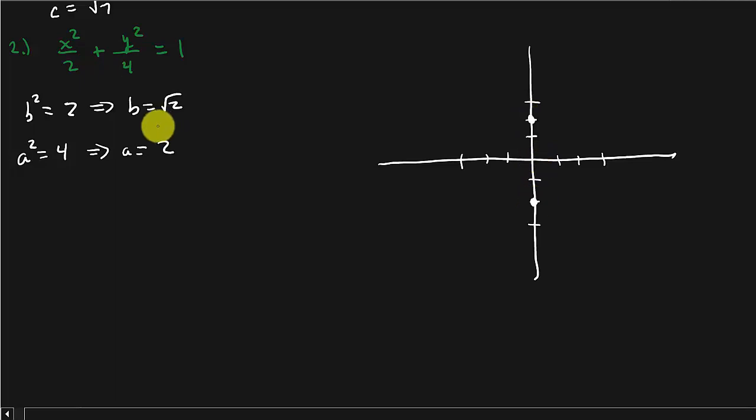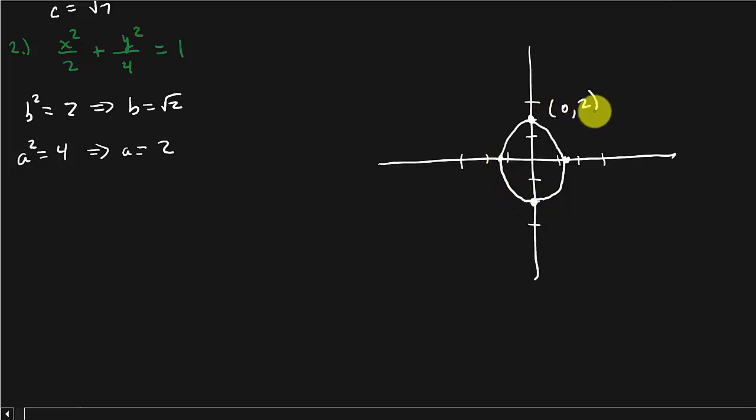And then b is square root of 2. Square root of 2 is 1 point something. So I'm going to go over 1 point something and over to the left 1 point something. And so then I can draw my ellipse in. I know that doesn't look like a very good one, but there it is.